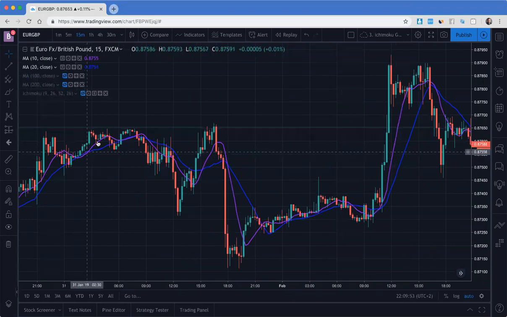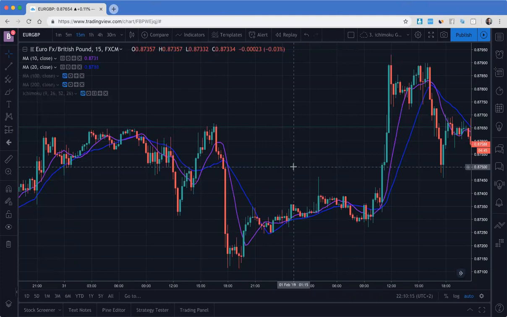We have a cross for a small uptrend that ends, and we have another small cross for an uptrend, comes a little downtrend, a cross for a downtrend, and it goes down, down, down, and then when it goes up, it crosses again. So basically, what you see here is 2 moving averages telling us that trends are changing.